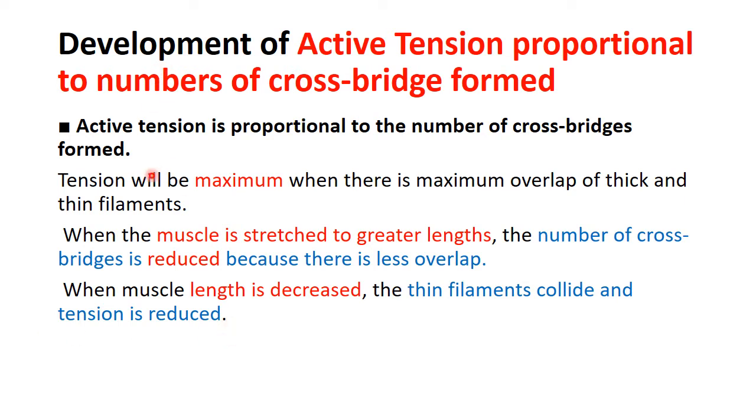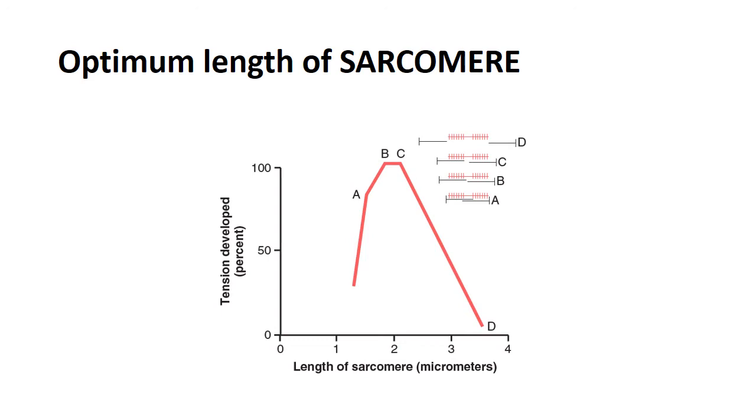So there is a very strong correlation between the length and the optimal length of the sarcomere. What do you mean by the optimal length of the sarcomere? It is the length between the two Z lines in a skeletal muscle. It is important to know that with the optimum length, the maximal cross bridges between the actin and myosin filaments are formed.